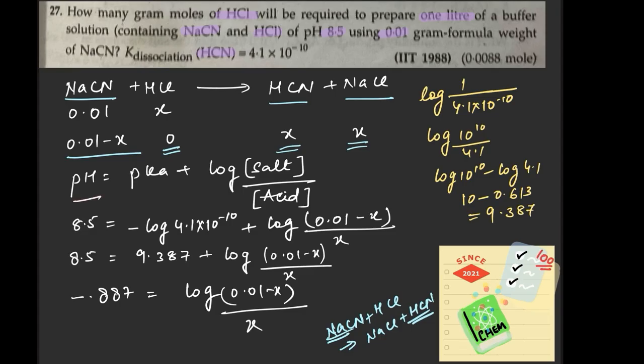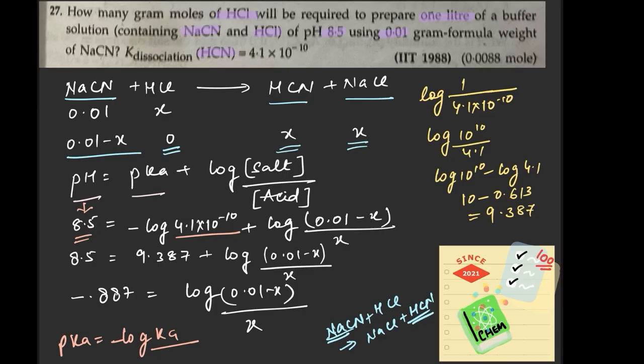pH is equal to pKa plus log salt by acid, concentration of salt divided by concentration of acid, right? pH is given in the question as 8.5. Value of acid dissociation constant is given as 4.1 × 10^-10. pKa is equal to minus log Ka.